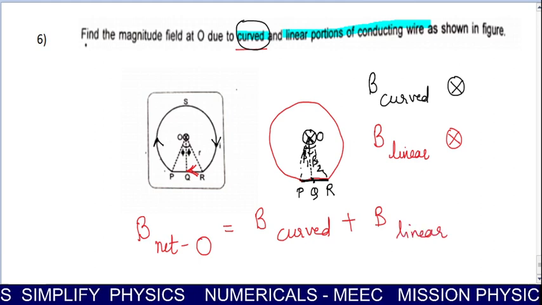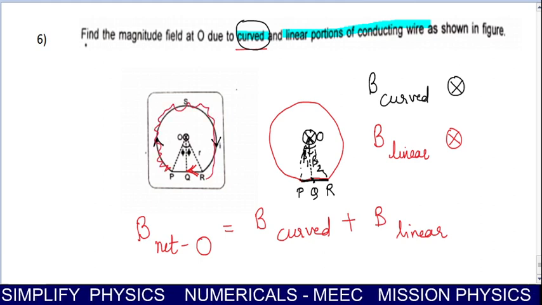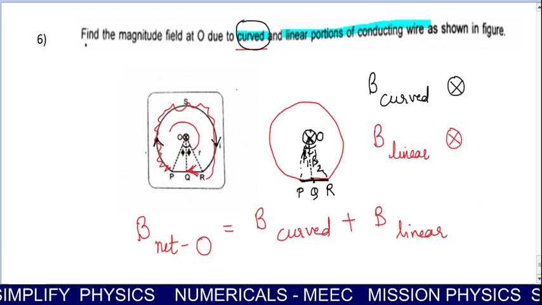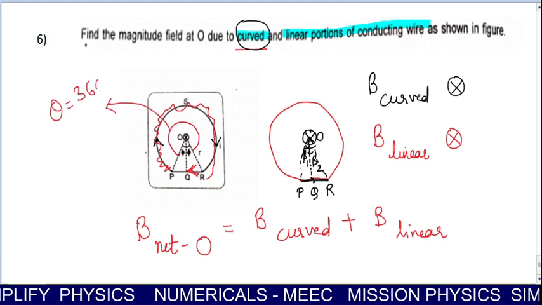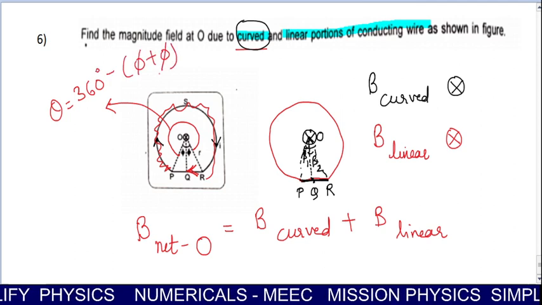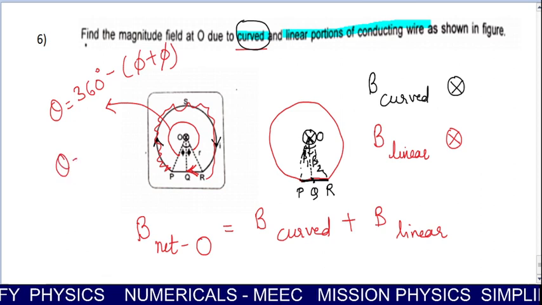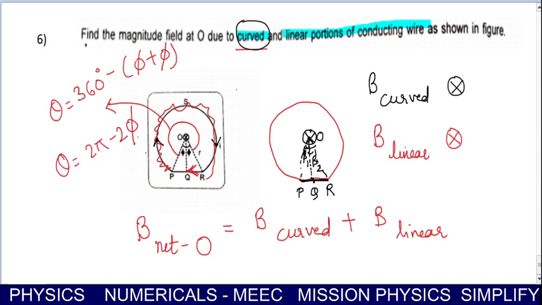Now check, this is the curved part. It subtends an angle of 360 degree minus phi plus phi at the center. So in radian we can write it as 2 pi minus 2 phi.